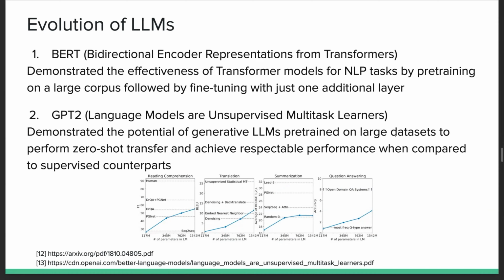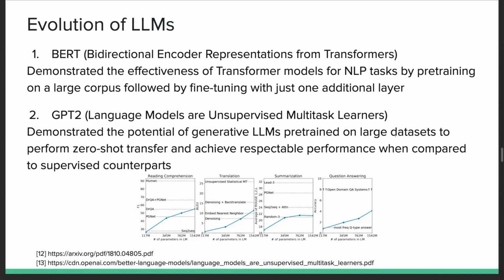So that was the first breakthrough in NLP when it comes to kicking off the large language model paradigm. Below that I have mentioned GPT-2, the successor of GPT, and why is this one important?